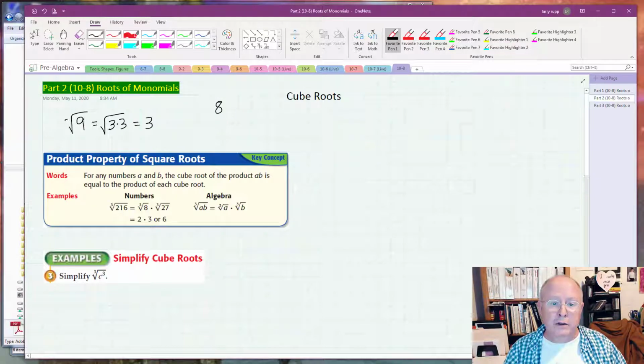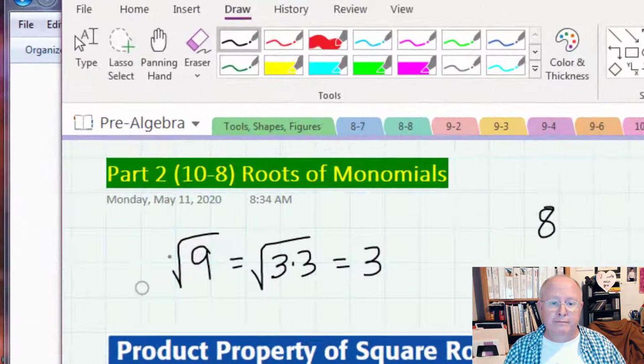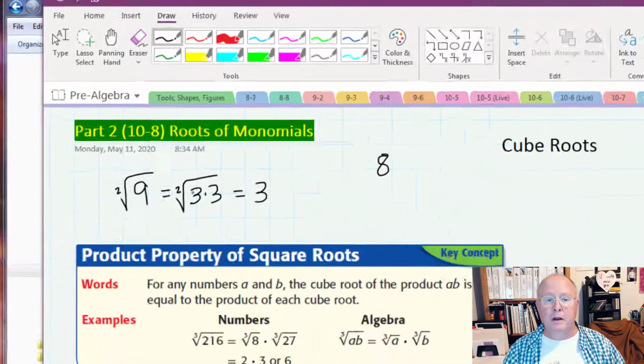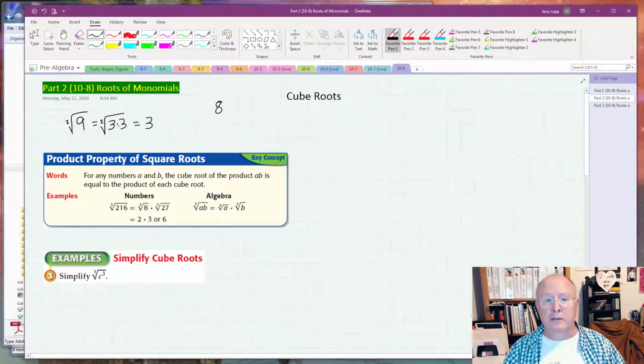So sitting out here in front of the radical sign is an invisible 2 when you're talking about square roots, okay? That's the only one that it's invisible for. When you talk about cube roots and any higher order root, you have to put the number in that little nook of the radical sign. So when you talk about the cube root of 8, this is how you write it.